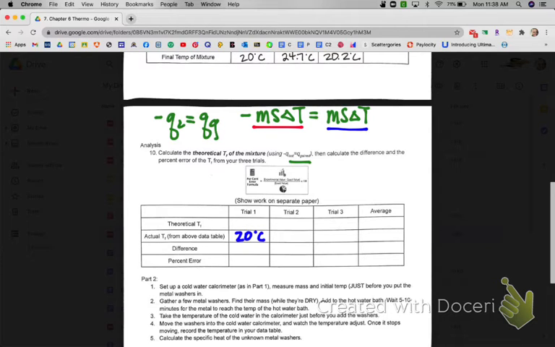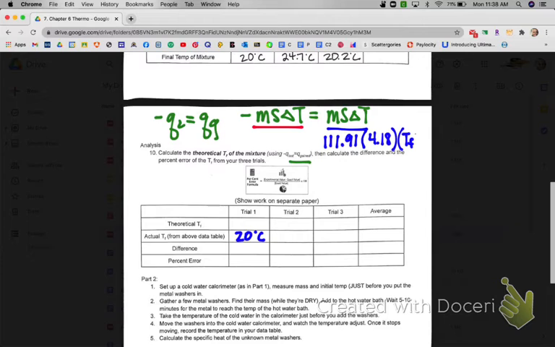So the mass of my hot water and the mass of my cold water, I will have to calculate from my data up above. I know that the mass of my cold water was 111.91. Of course you'll put in your numbers here. Specific heat of water is 4.18. Temperature final is what we're solving for, minus my temperature initial, which I'll grab from my data table.